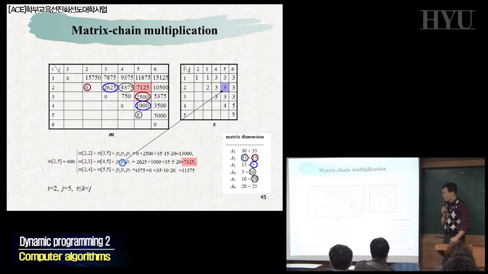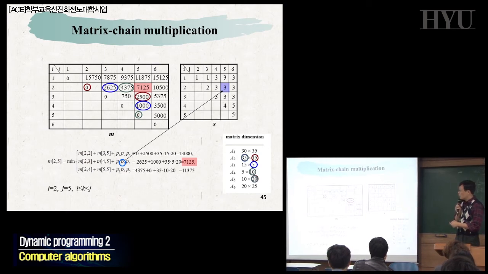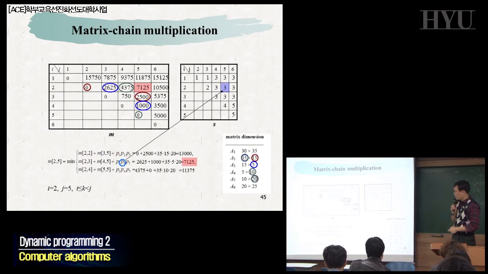By using the already computed table, we can get 0 and 2500 and this. So it is 15,000.